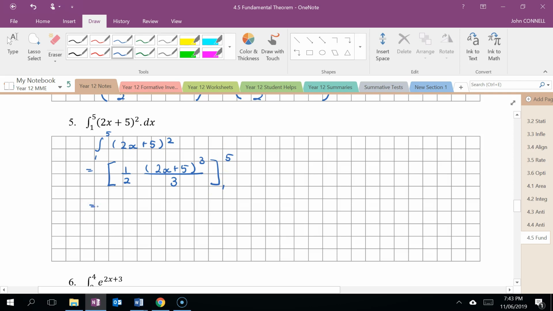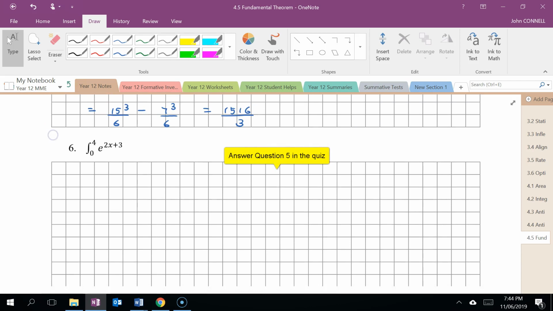So that's going to be a 1 on 6, brackets, 1 on 6, (2 by 5 plus 5) cubed, take 1 on 6, (2 times 1 plus 5) all cubed. Again, our brackets are really important here. So here we're going to get 15 cubed on 6, take 7 cubed on 6, and if we work that out, this equals 1516 on 3. I'm just calculating those on a calculator.